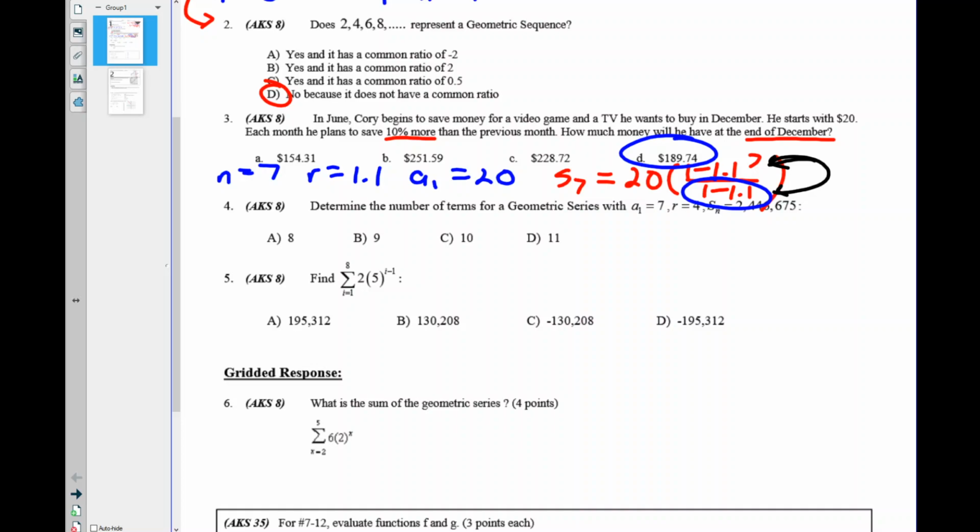Yes, sir. Because 10% more. If you remember from exponential, it was 1 plus the rate of growth or decay. A 10% growth is the same thing as saying 0.10. 1 plus 0.10 is just 1.1.